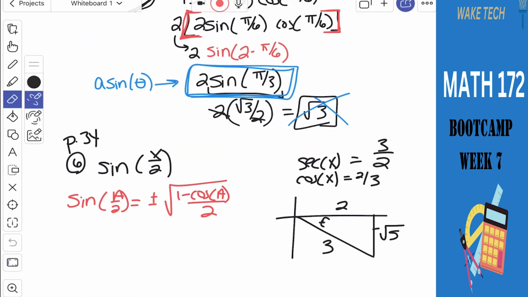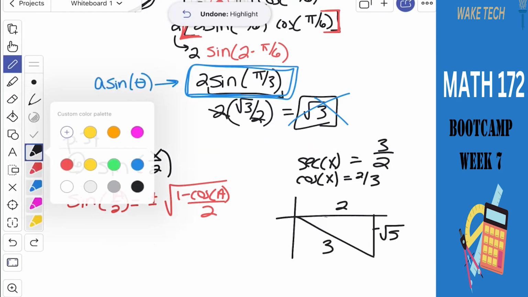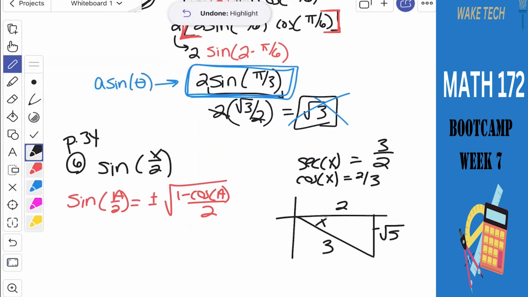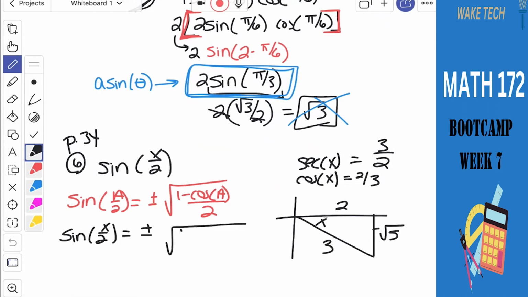Sorry, I labeled this as theta. It needs to be an x, so I'm going to replace it with x. So in our case, the sine of x over 2 is going to be plus or minus the square root of 1 minus cosine x over 2. Cosine of x is 2/3.